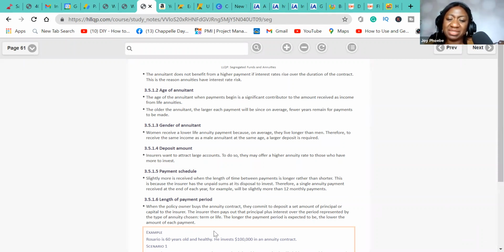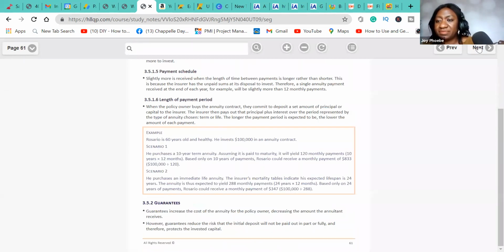When a policy owner buys an annuity contract, they commit to deposit a set amount in principal, capital, whatever, and the insurance company then pays them principal plus interest over a period of time. So the longer the period that your payment will be spread over, the smaller the amount that you potentially might be getting.